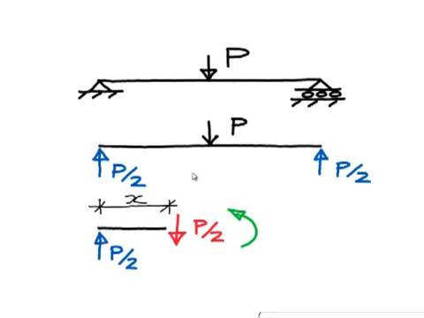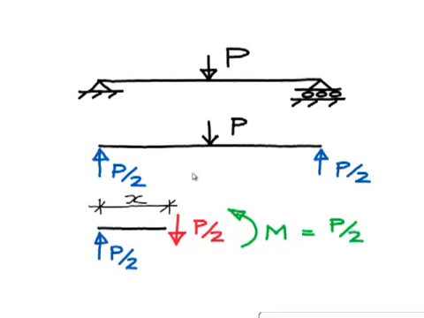So what's its value? Well, what we'll do is we'll take moments about the cut. So if we take moments about the cut, the shear force P upon 2 passes through the cut and is ignored in the equation, and we see quite simply that the bending moment at that point, at the cut, must equal P upon 2 multiplied by the distance x to the reaction force.